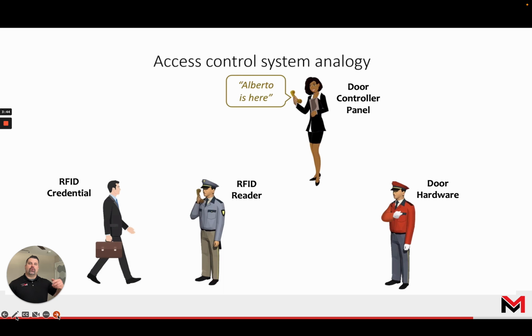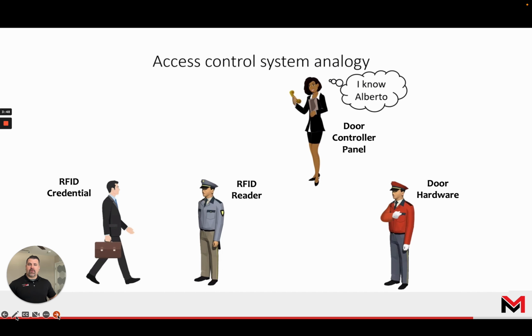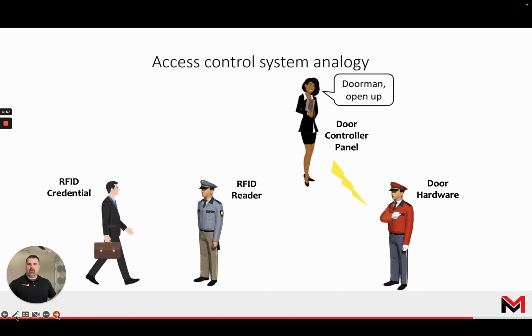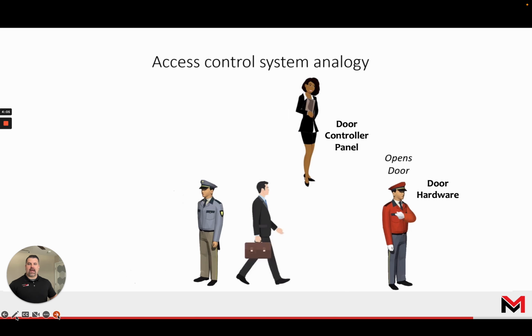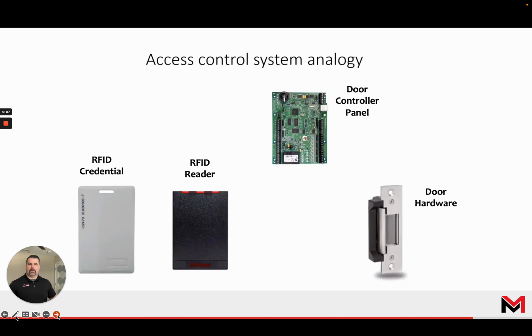The control panel goes through its memory and says, "I know Alberto. He's been enrolled in the system before, and we know who that person is." It then tells the door hardware, go ahead and unlock and allow Alberto to enter. The door hardware unlocks, and now Alberto is able to walk into the facility.